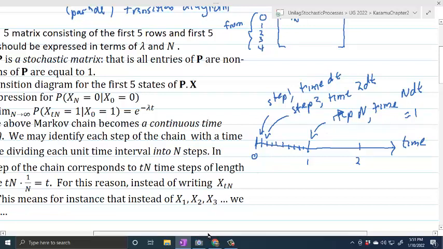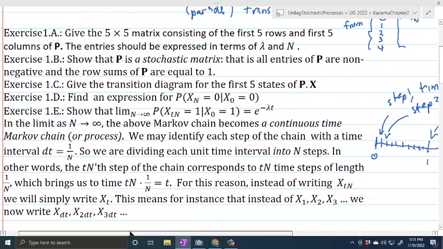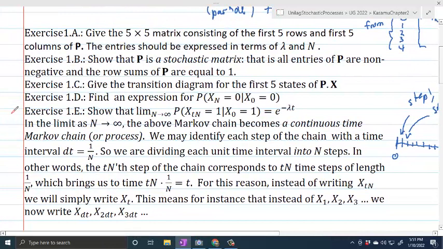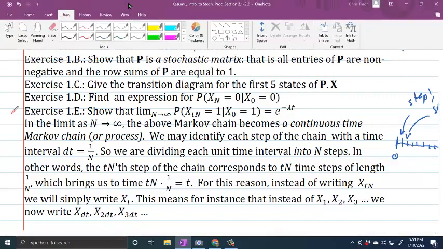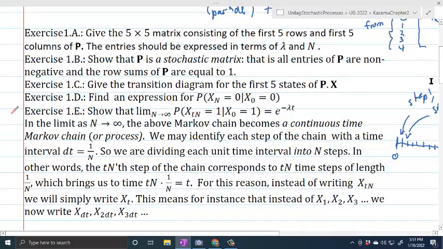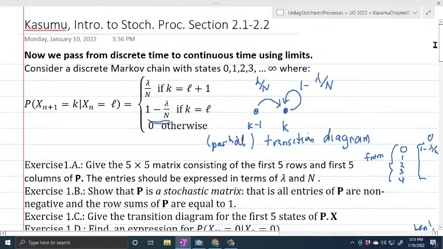Now notice also that the transition probabilities are very small. If I go back to my transition probability here, lambda over n is very small because n is large.